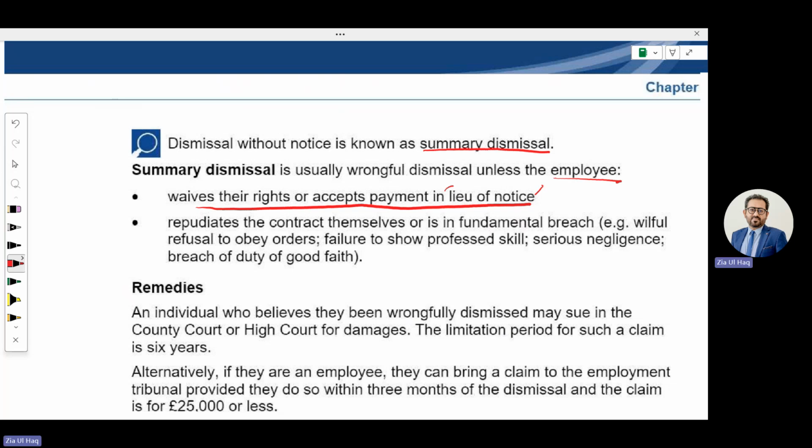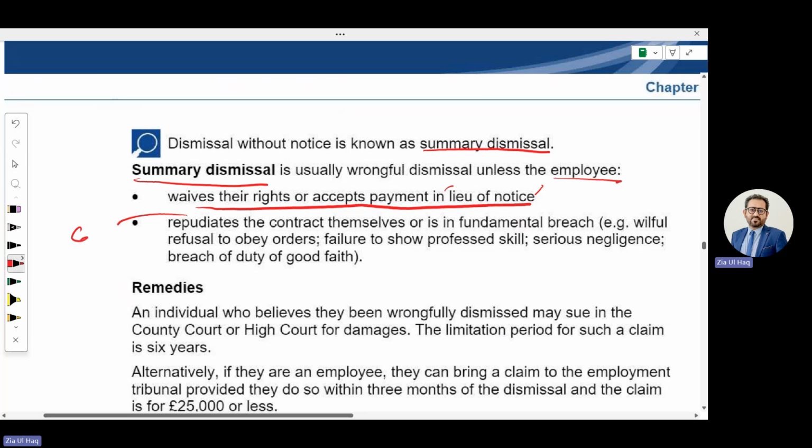In that case, if the employer terminates the contract, that will not be considered summary, meaning unfair, dismissal. That will be fair dismissal. So summary dismissal is wrongful, unfair dismissal, unless the employee waives their right, meaning the notice period pay, he is waiving by himself, or repudiates the contract themselves.